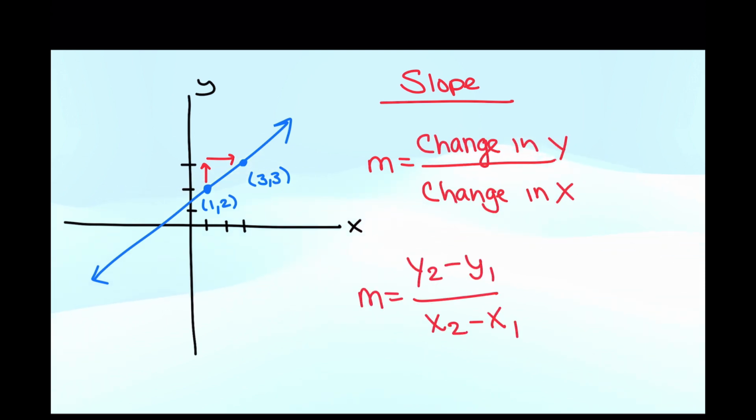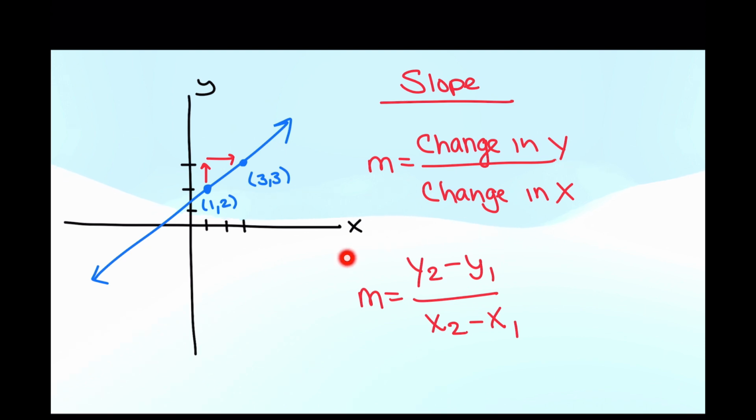We can also define slope as the change in y value, that's how much we go up, divided by our change in x value, how much we go over. As a mathematical formula, that becomes slope equals y2 minus y1, that's the difference in the y values, divided by x2 minus x1, the difference in the x values.